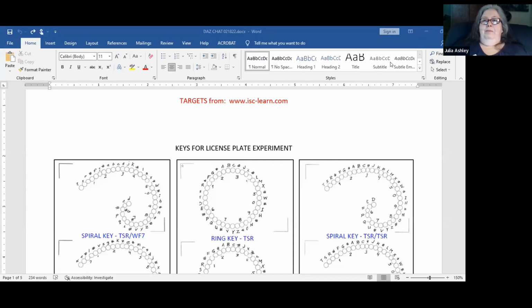All right, I'll start by saying that I used a target pool from Debra Katz's website, and that's at the top here, www.isc-learn.com. And Debra has been wonderful support.